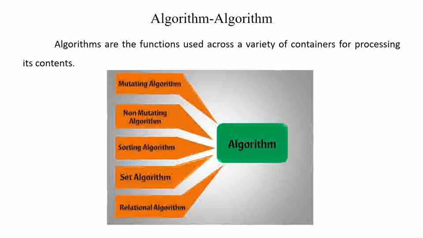So from that slide we started what is algorithm. Algorithm is a component of STL, standard template library. Vector is a standard template library. Map is a standard template library.